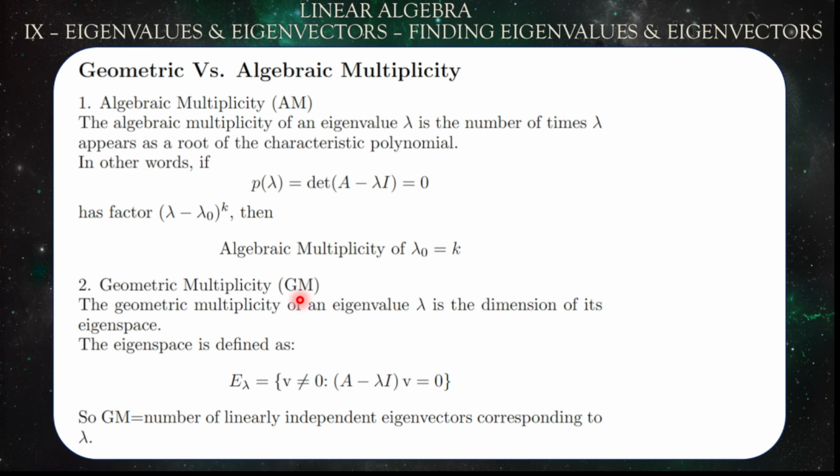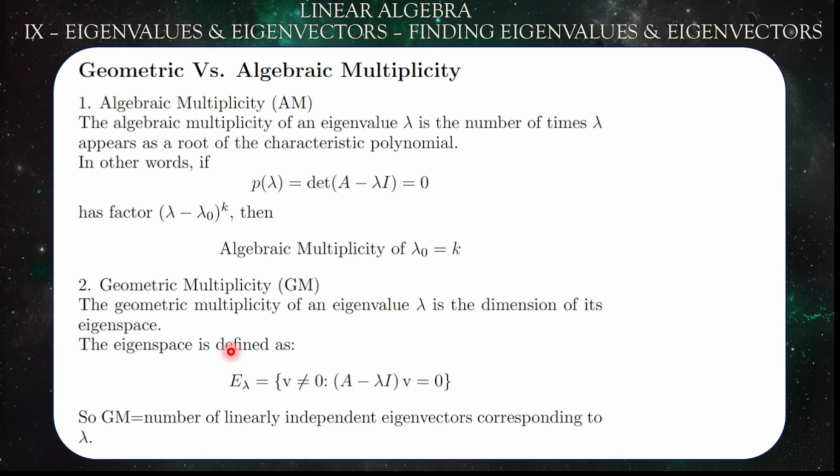Now, geometric multiplicity, GM. The geometric multiplicity of an eigenvalue lambda is the dimension of its eigenspace. The eigenspace is defined by E lambda equal to the set of V different than 0 such that (A minus lambda I) times V equals 0. So it is simply the number of linearly independent eigenvectors corresponding to lambda.